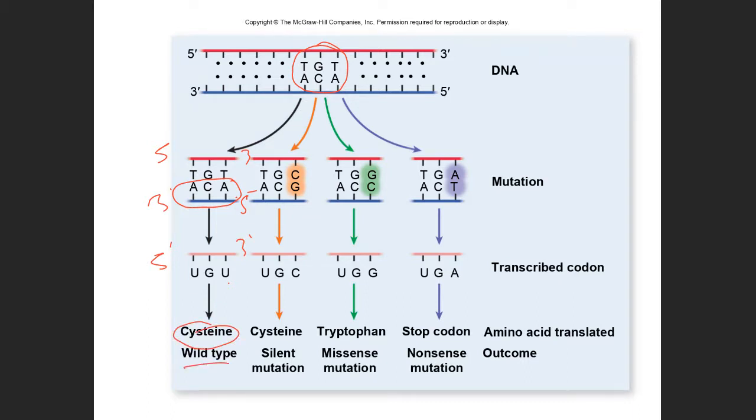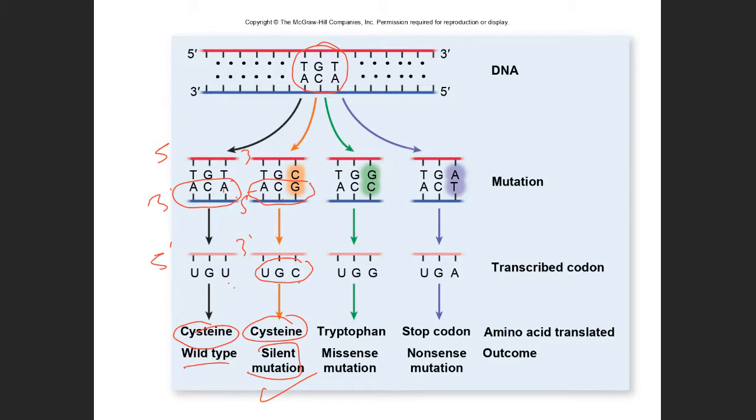That's the wild type. Okay, so there's a mutation that changes that last C for a G, which means that now the codon will change from a UGU to a UGC right there. But UGC also codes for cysteine. So nothing has changed. But that's fine. This is a change in genotype, which gives us no change in phenotype.